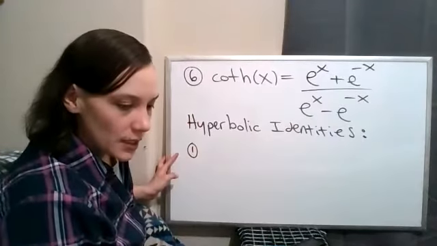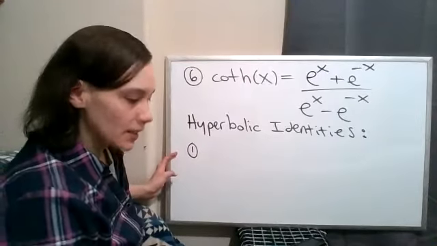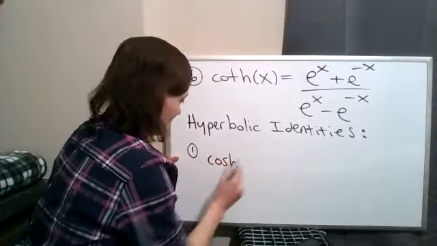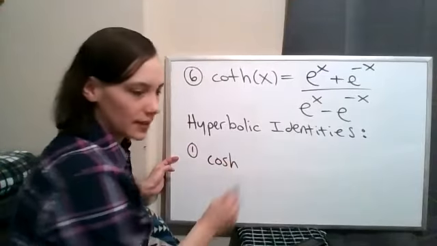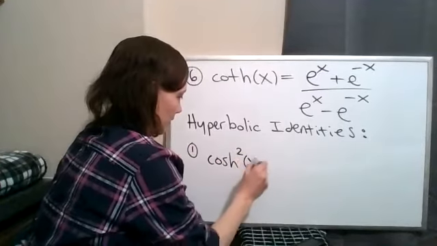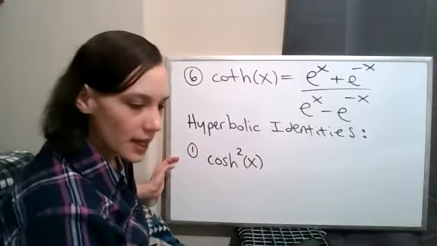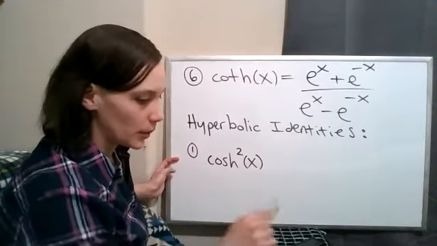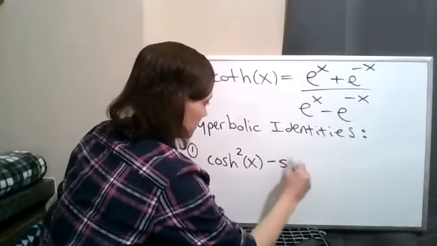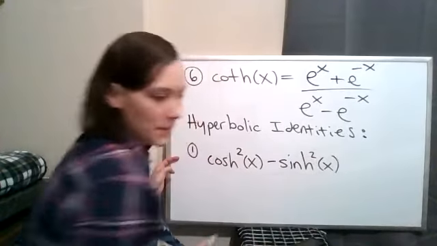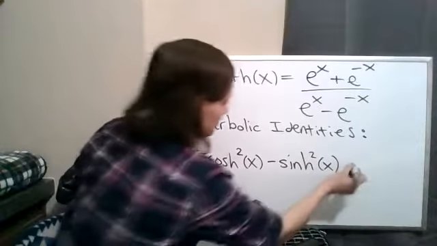We have cosh squared of x, subtract sinh squared of x, and that will equal 1.